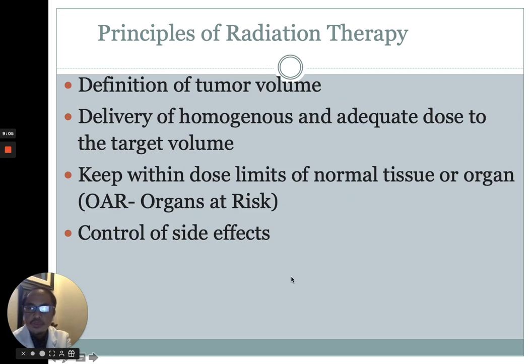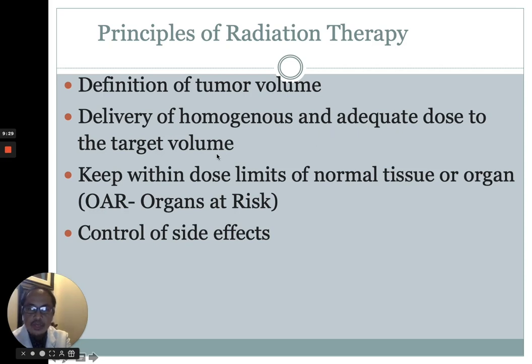So, what are the principles of radiation therapy? First, of course, as I said earlier, we define the tumor volume. We have to know where is the target, where it would possibly spread, like the lymph nodes and its surrounding structures. And then from there, we would deliver a homogeneous and adequate dose to the target volume.